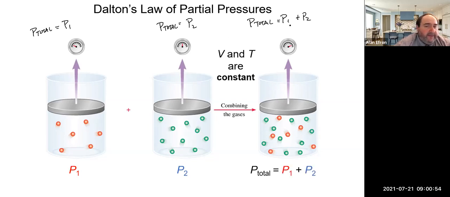What we would call these pressures, P1 and P2, is partial pressures. So what does partial pressures really mean? They mean that they are partially contributing to the overall pressure of the container.